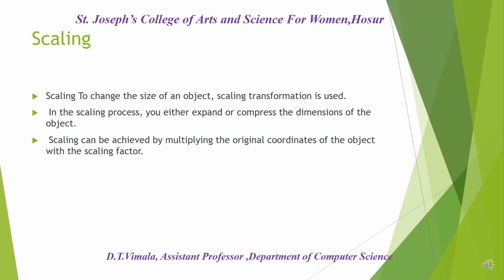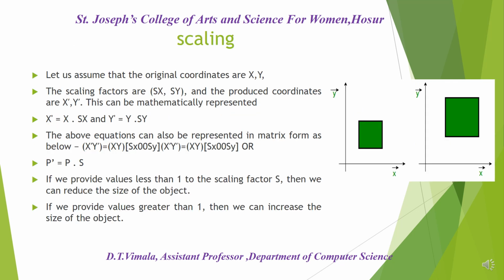How is it obtained? Scaling can be achieved by multiplying the original coordinates of the object with the scaling factor. Here we see how scaling works. We have the original coordinates x comma y, and the scaling factor sx comma sy.